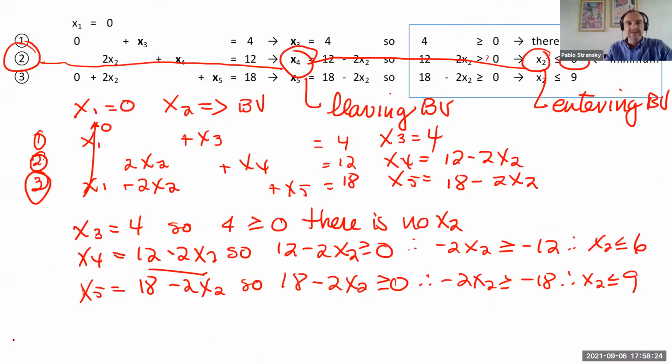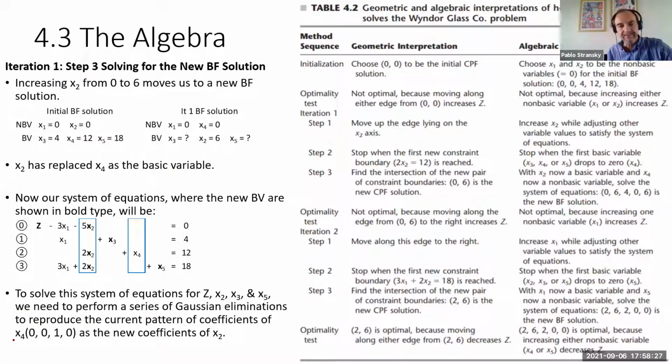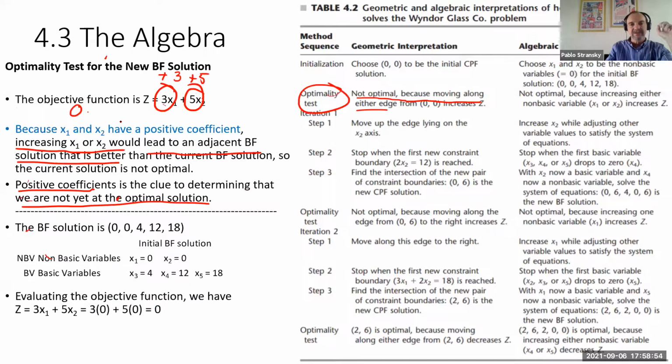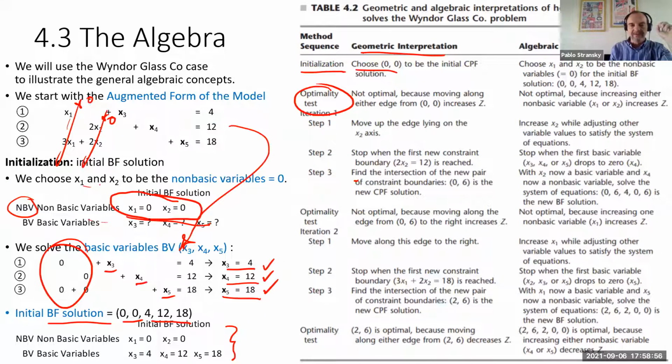Now, let's go to step number 3. Here in step number 3, we're going to be applying what we call Gaussian eliminations. Let me explain a little bit more. My initial BFS was this one, where we have x1 and x2 equal to 0, and we get the solution of 4, 12, and 18 here. Let me show you. Here it is, 4, 12, and 18.